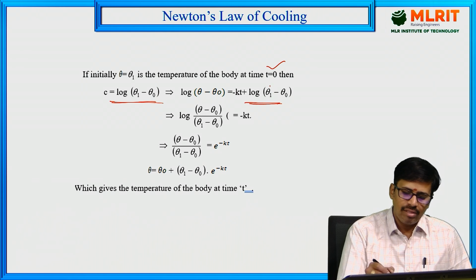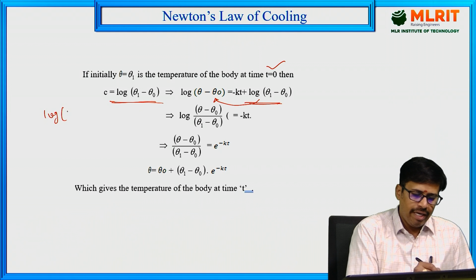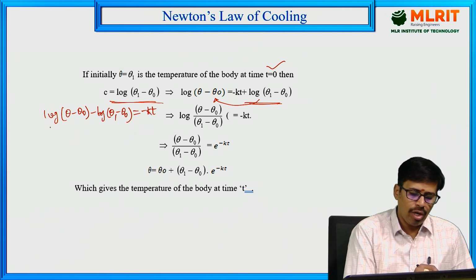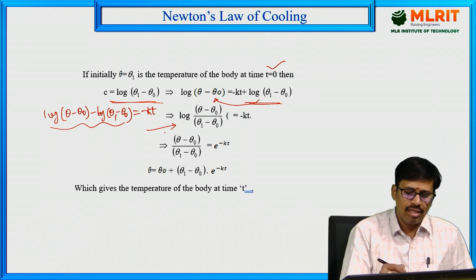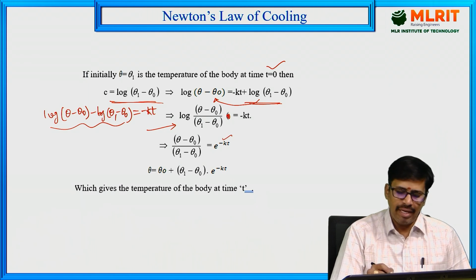Take this log to this side, that becomes log of theta minus theta naught minus log of theta 1 minus theta naught is equal to minus kt. Log a minus log b can be written as log a by b, that is equal to minus kt. If I remove this log, the right side becomes e power minus kt.